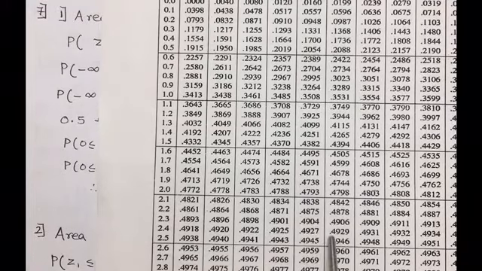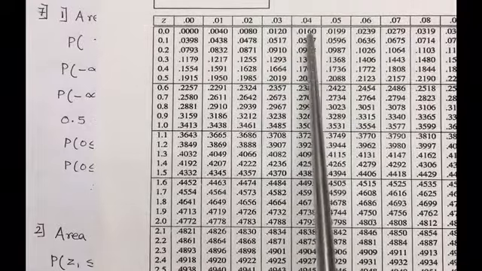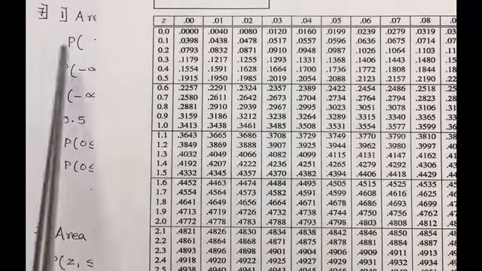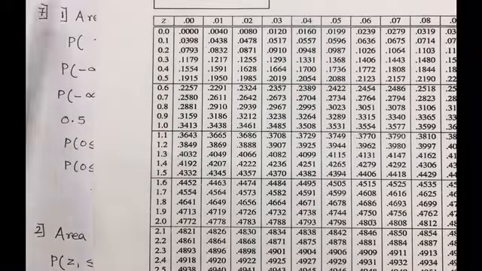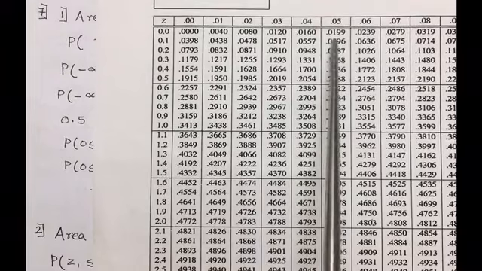So the exact value we don't know, hence we have to take the average of these two, and they lie under 2.4 and 0.04 and 2.4, 0.05.